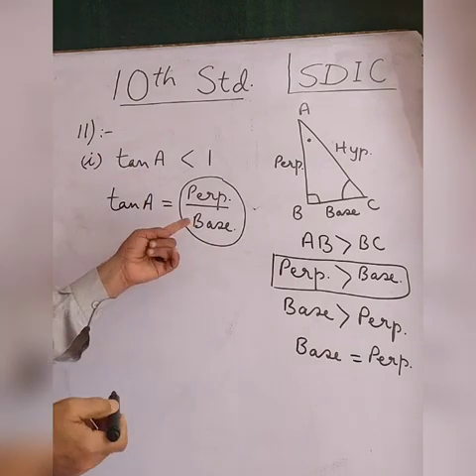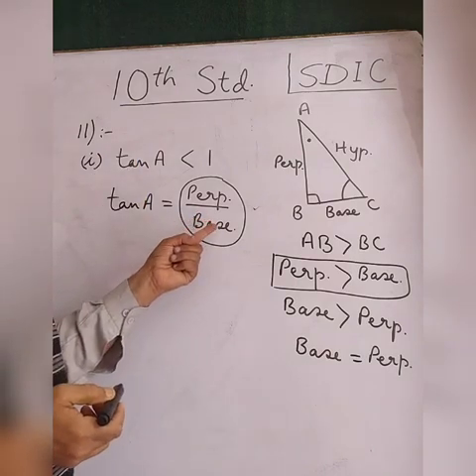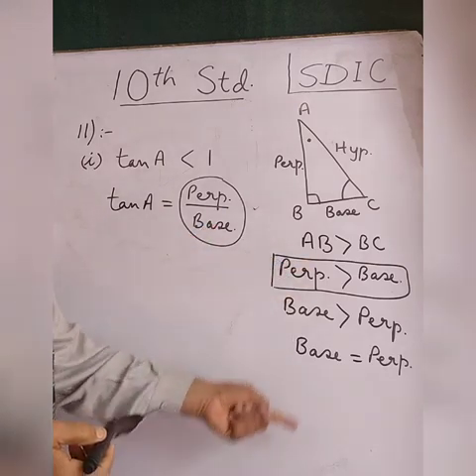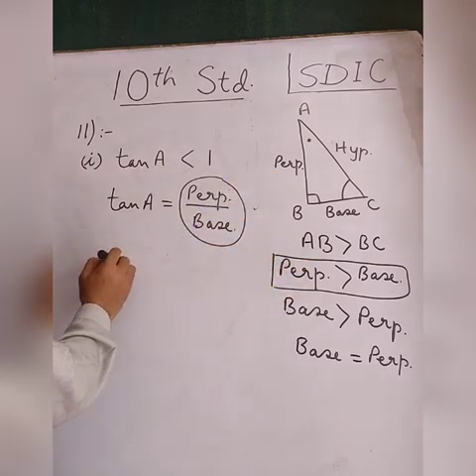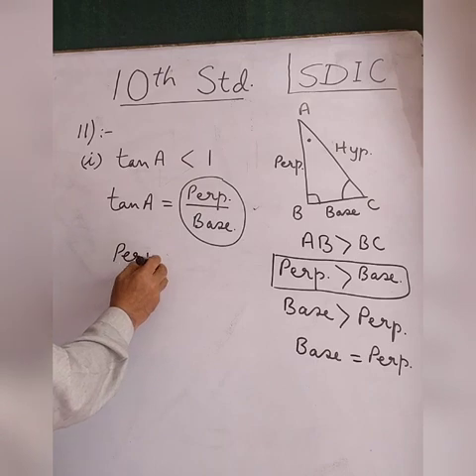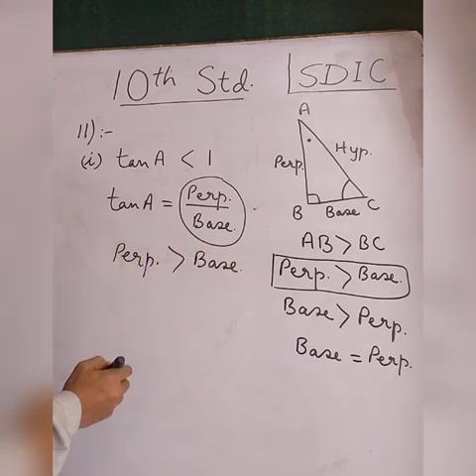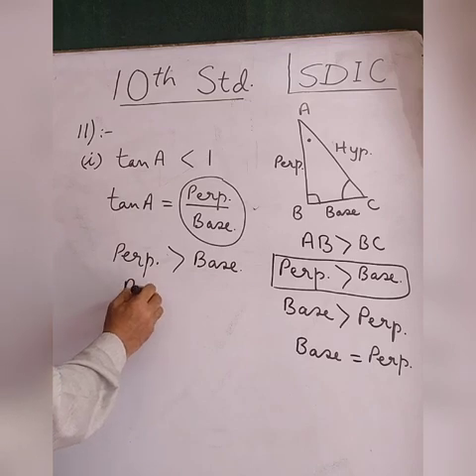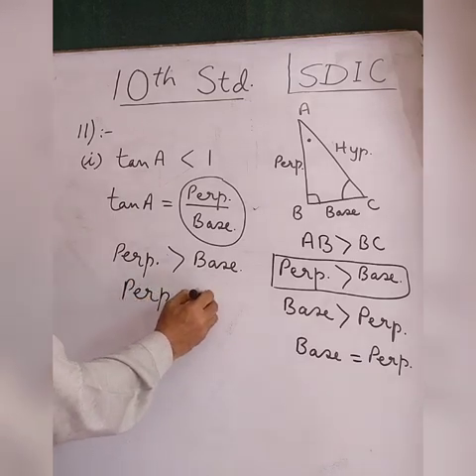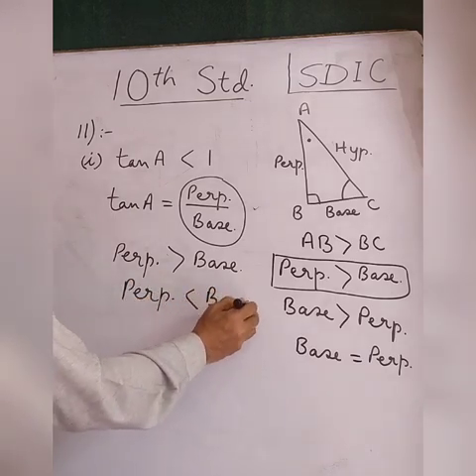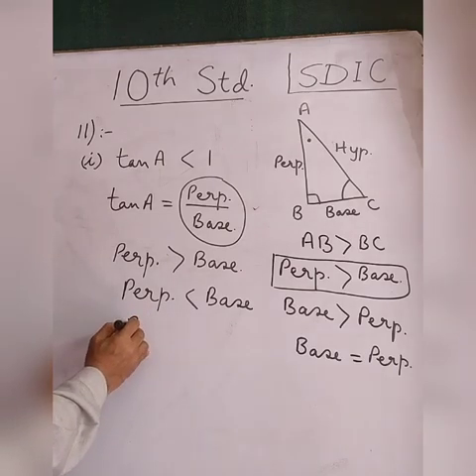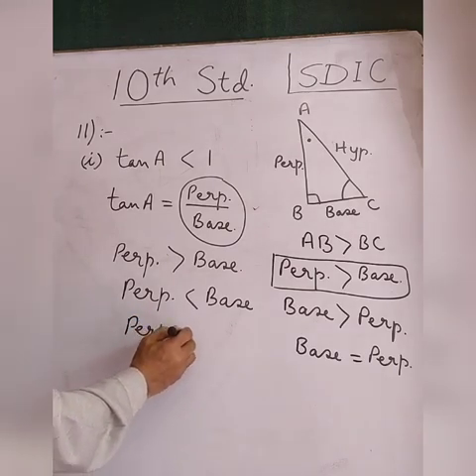Now we have three possibilities about this ratio. Just now we have discussed. We may have perpendicular larger than base. This is one option. We may have perpendicular smaller than the base. This is the second option. We can even have perpendicular and base of equal length.